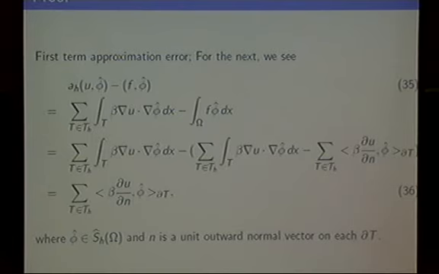Then we use integration by parts. So this second order derivative becomes a product of first order derivatives. Then we have a line integral. But now the problem is this: u is a continuous solution, basically, in some sense, a smooth solution. But beta is piecewise linear, which is completely discontinuous across the edge. So we cannot use integration by parts in the whole domain.